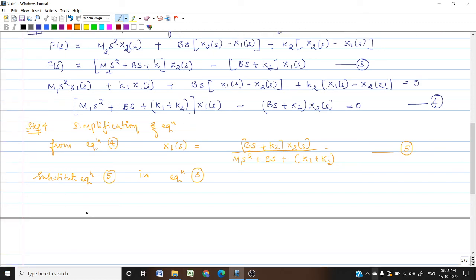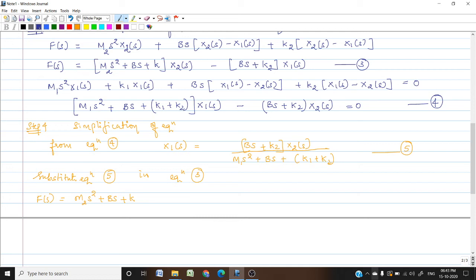Substitute equation 5 in equation 3. So I'll have f of s is equal to (m2 s² plus bs plus k).